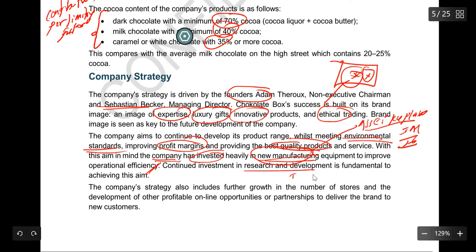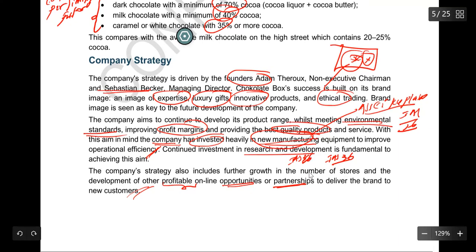So students, I can clearly mention here IAS 38, which is intangible asset, and IAS 36, which is impairment loss. So these are the important things you can keep in mind. The company strategy also includes future growth in number of stores and development of profitable online opportunities, partnership to deliver the brand to new customers. So students, please keep those things in mind.